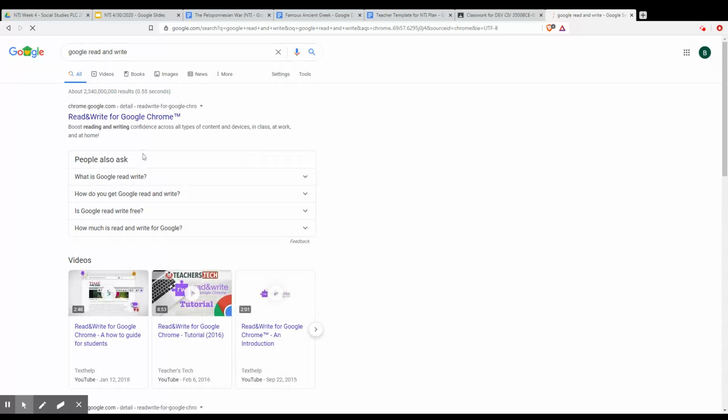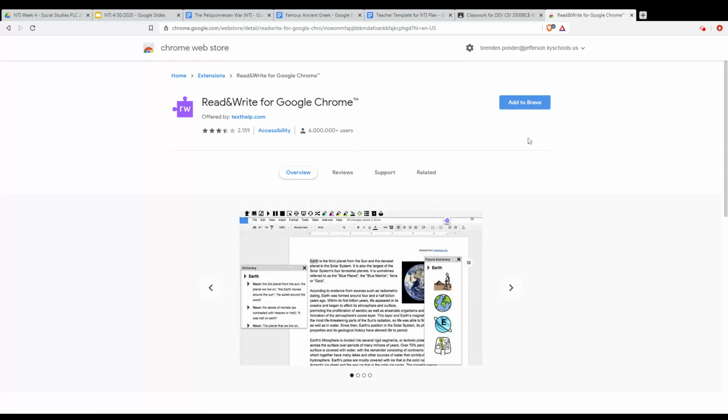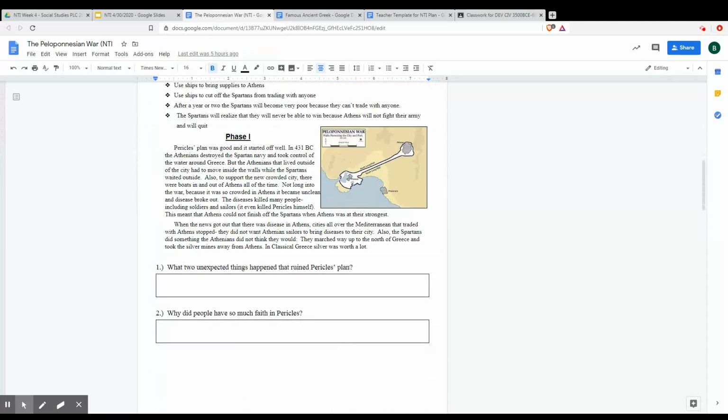If you find Google Read Write, you can add it to your browser, and then when you add it, it'll show up here. So you can add Google Read Write to your browser, and that can read this article to you.